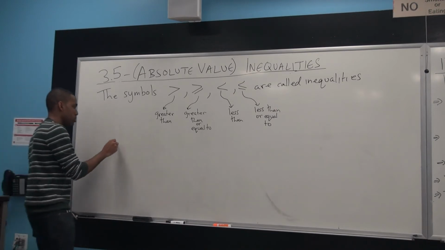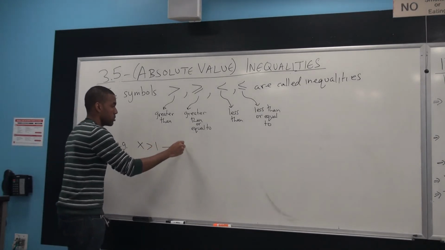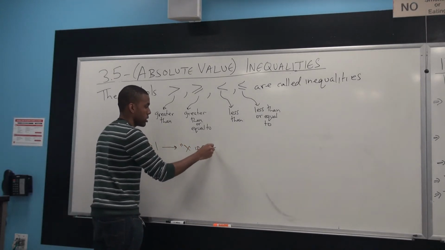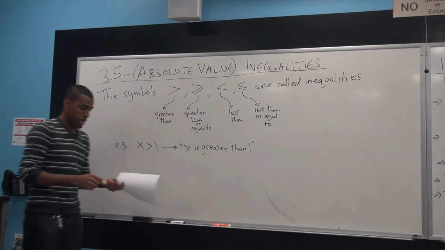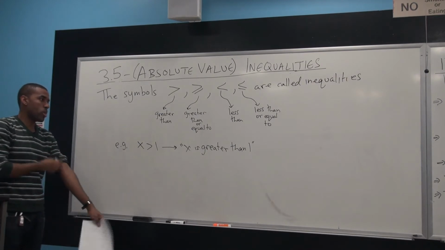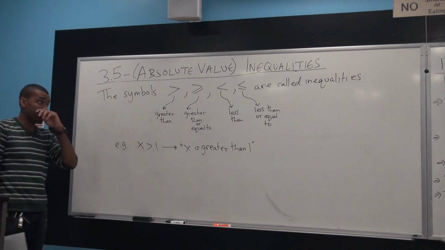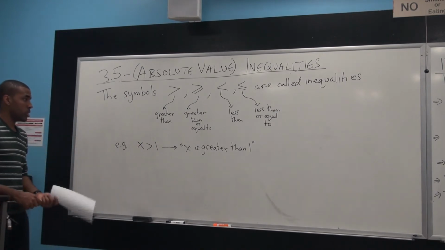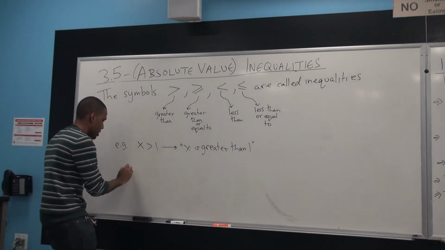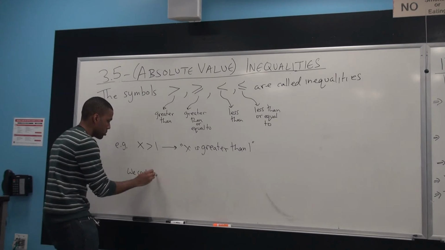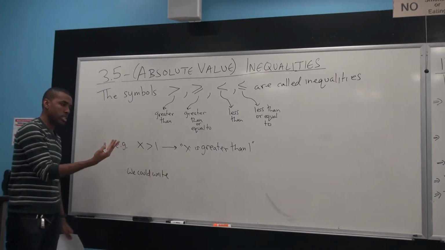So for example, if I say x is greater than 1, this means x is greater than 1. Meaning at this point, I'm not sure what value it is, or I know it can be any value bigger than 1. As long as you take anything bigger than 1, it will satisfy this inequality, right? In general, if you just flip an inequality around as is, it doesn't change.